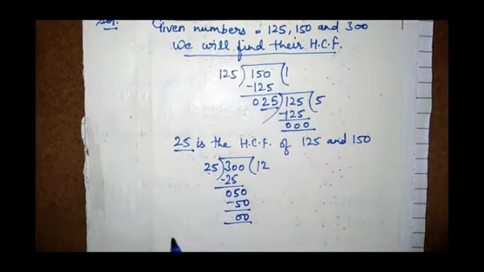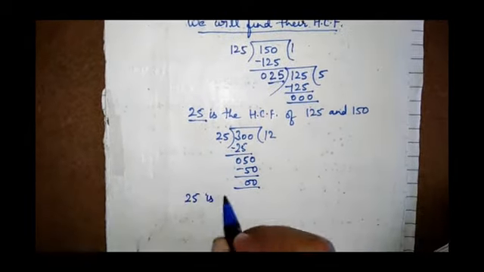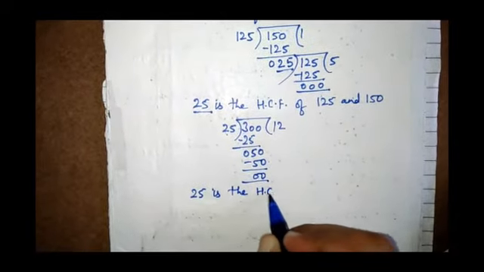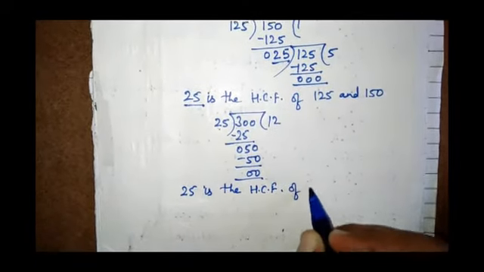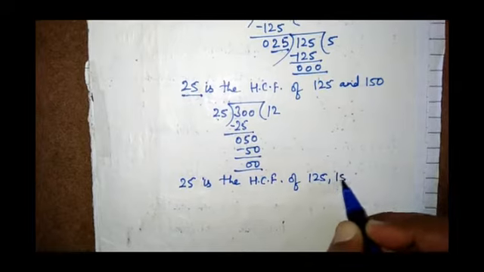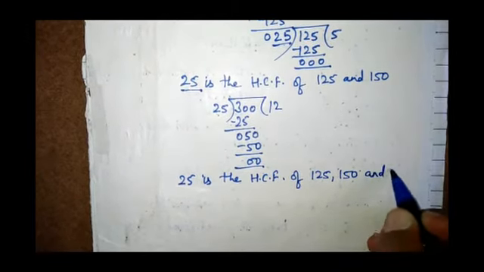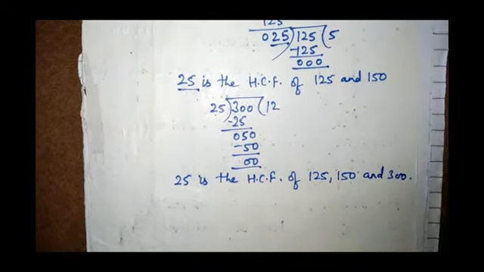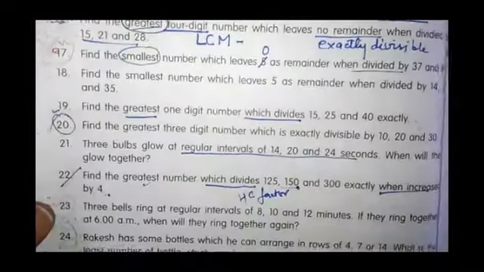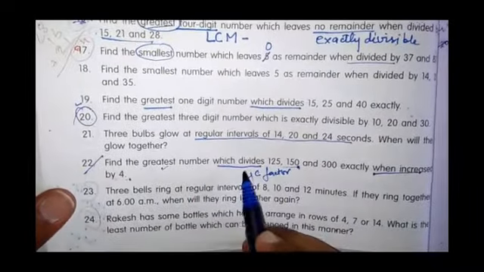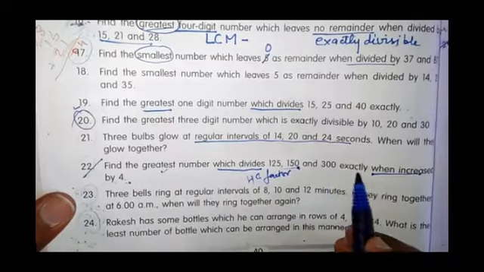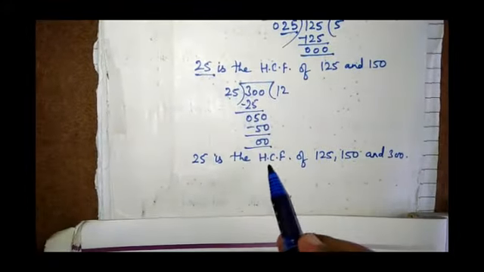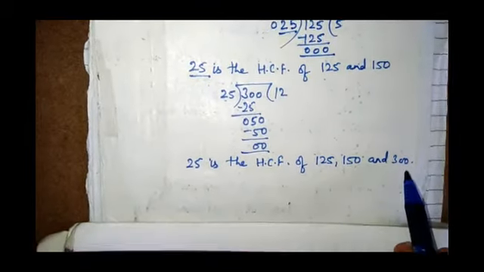Okay, so we can say that 25 is the HCF of 125, 150 and 300. Okay, so what was asked in the question? Find the greatest number which divides these three numbers exactly. So 25 is the greatest number which divides the three numbers exactly.